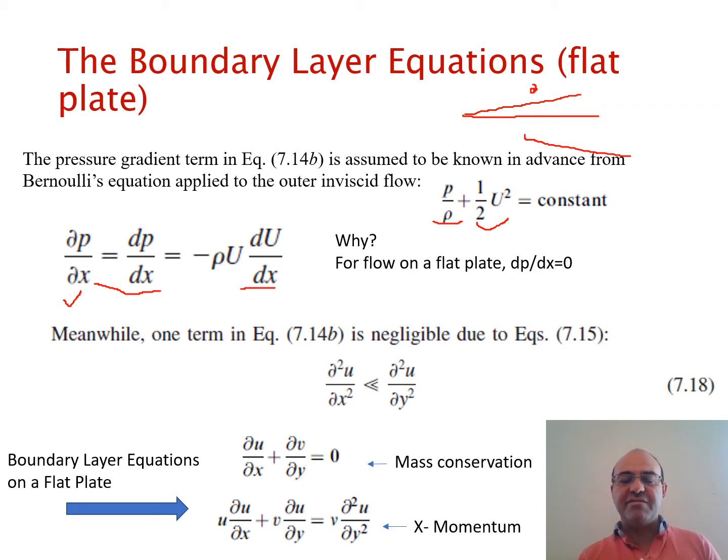If you are considering a flat plate, which is the case here, we have an external flow with a uniform velocity. Basically, our assumption is that a free stream with a constant velocity capital U approaches the plate. So this U, outside of the boundary layer, does not change with x. Therefore this is equal to 0.